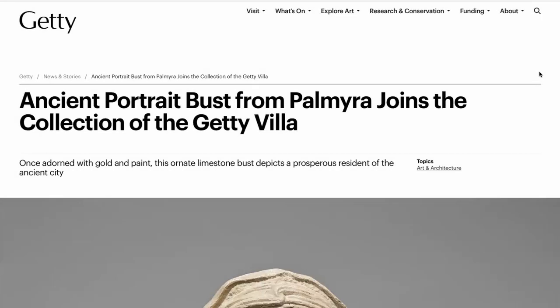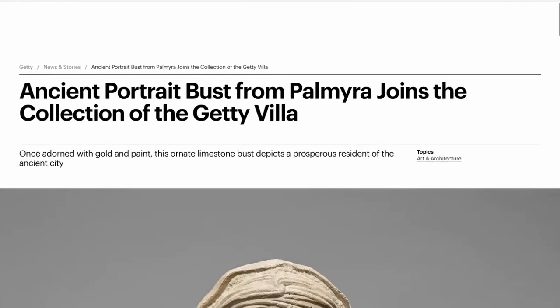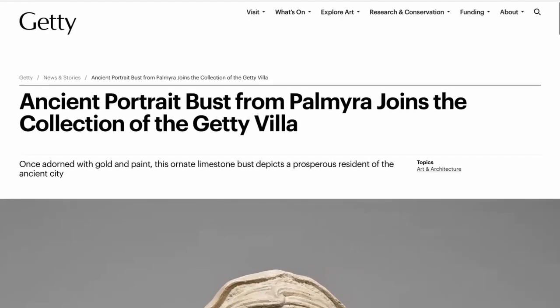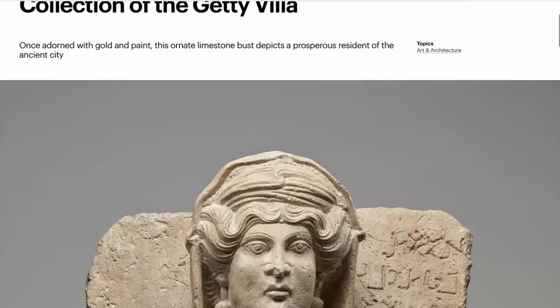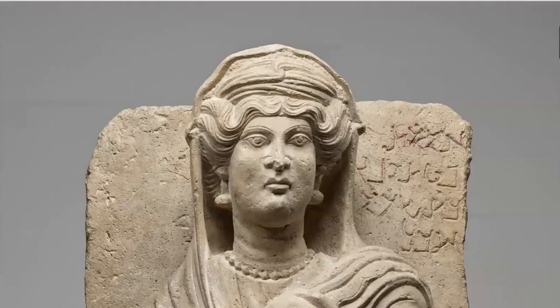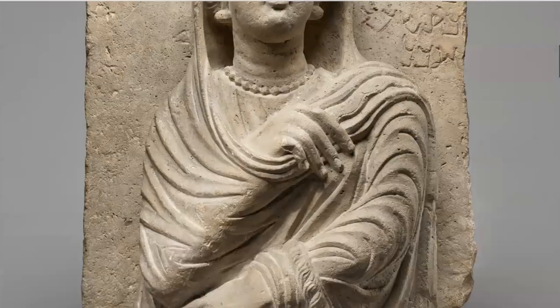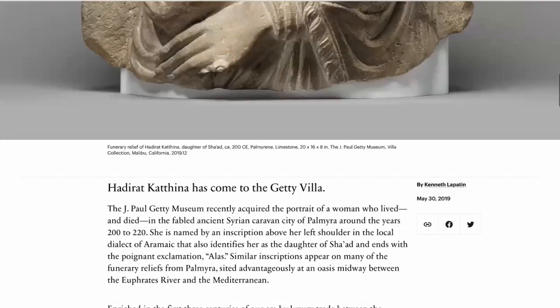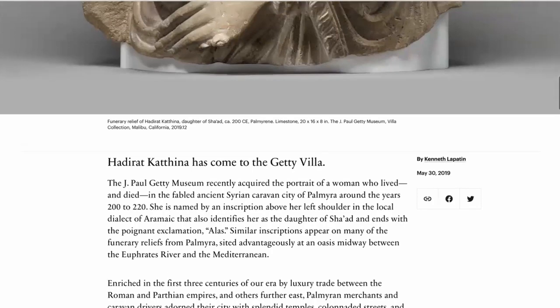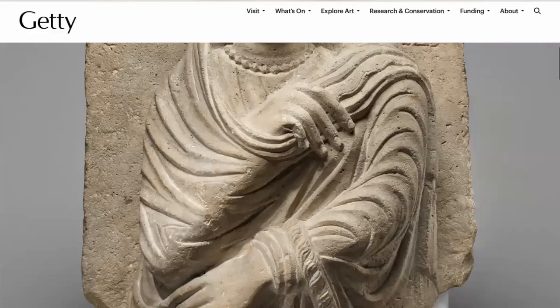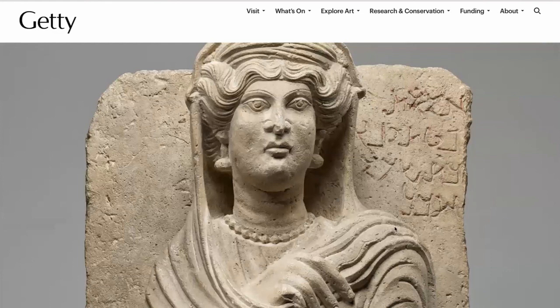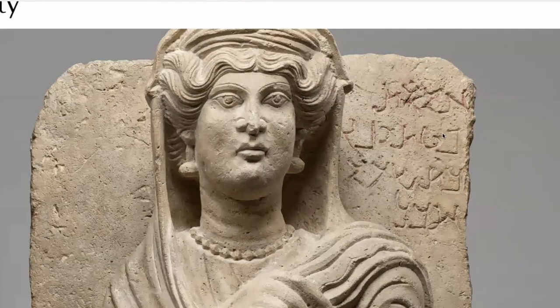And in fact, if we look here at the Getty Villa, if you're able to ever visit this in Malibu, California, there's a number, or at least there were. I haven't been there in over a decade, so things could have changed. But they had a number of funerary stones there that had been taken out of Jordan and brought to different places in Europe, and eventually collected in museums.